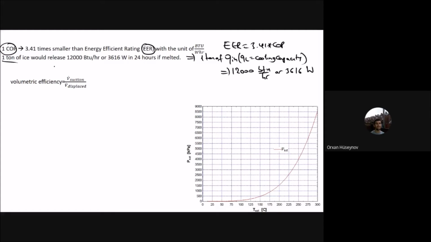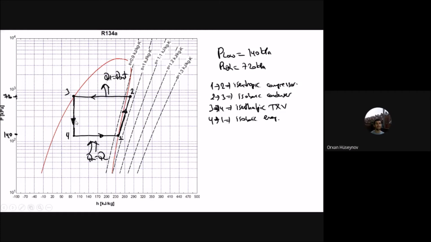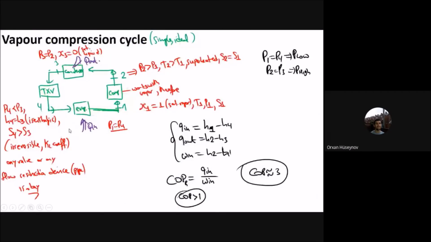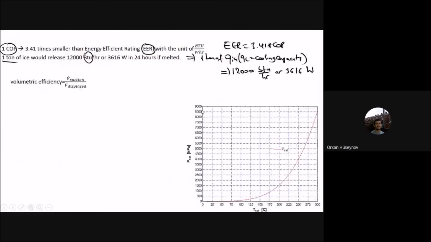This is 1 ton of cooling capacity, also used for refrigeration cycles. BTU means British thermal unit, an energy unit, about 10 to the 3 joules.